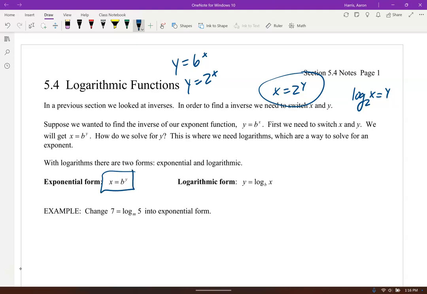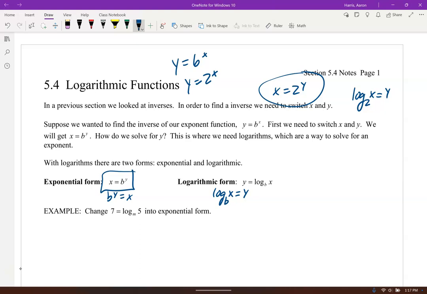If x equals b to the y, and I like to write that b to the y equals x, then the logarithmic form will follow. So there's two forms, exponential and logarithmic forms, of this inverse of exponentials, okay?